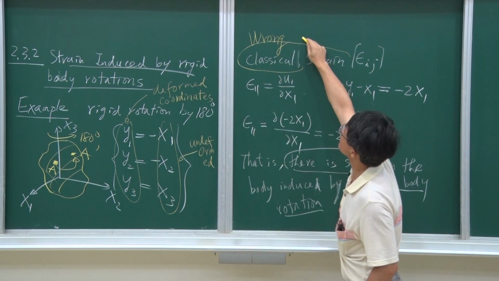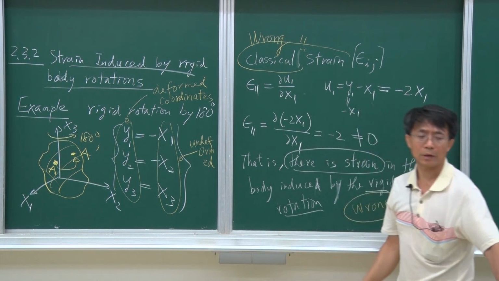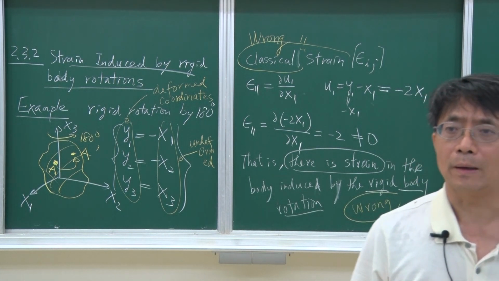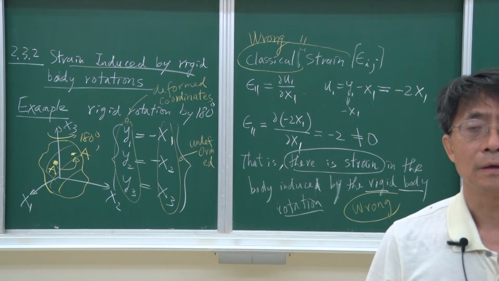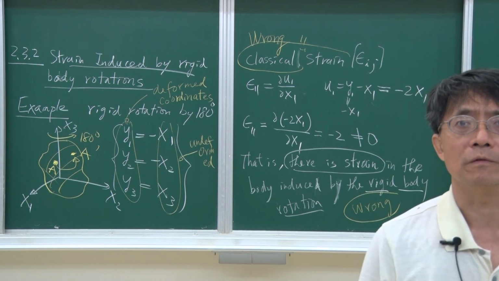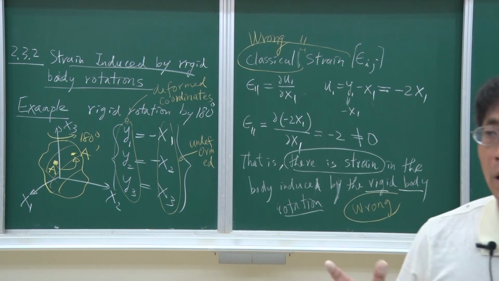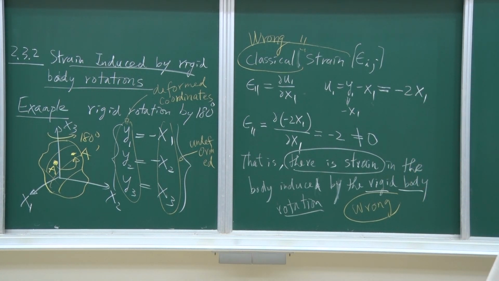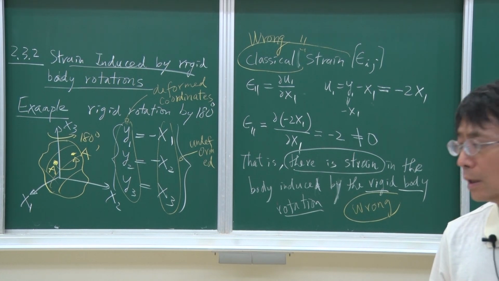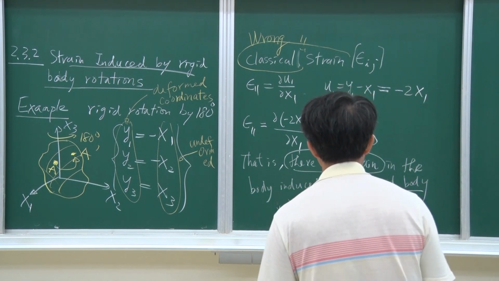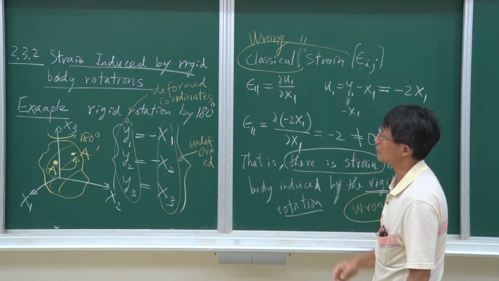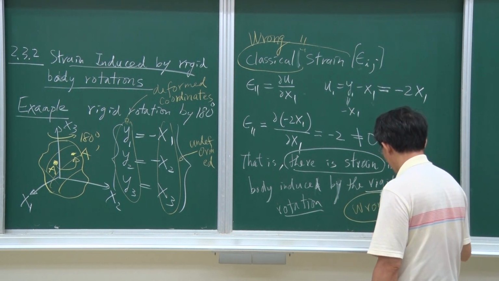Okay? This is the viewpoint I want to tell you. The classical strain is not correct if large rotation is involved. Very often, when the body suffers from large deformation, there will be large rotations, large rigid body rotation. So this definition of strain is not appropriate.